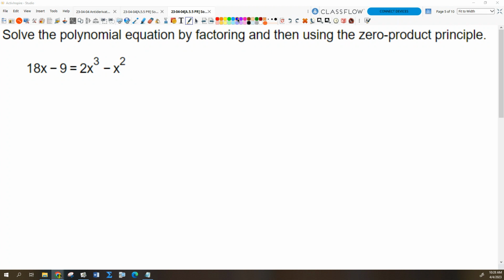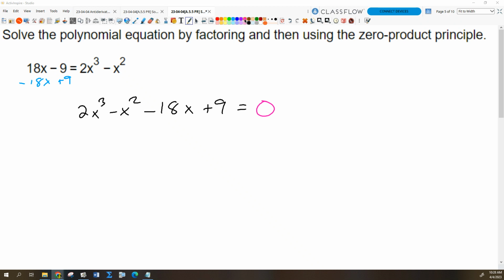So we will go ahead and subtract 18x and add 9 to both sides, right? And that's going to give us 2x cubed minus x squared minus 18x plus 9 equals 0, right?